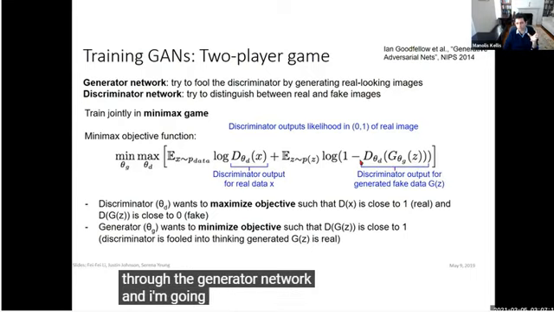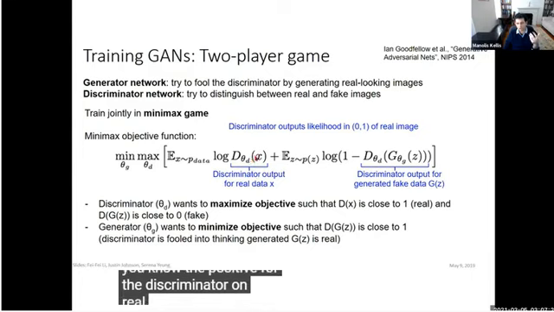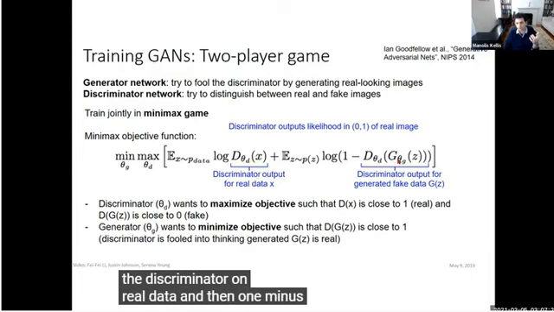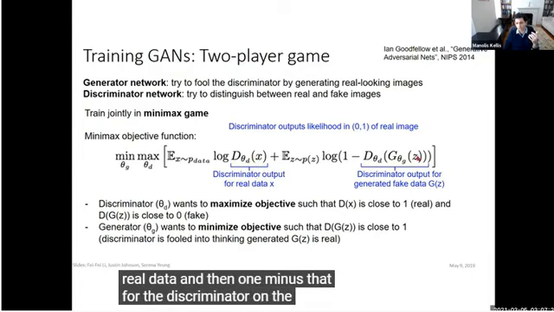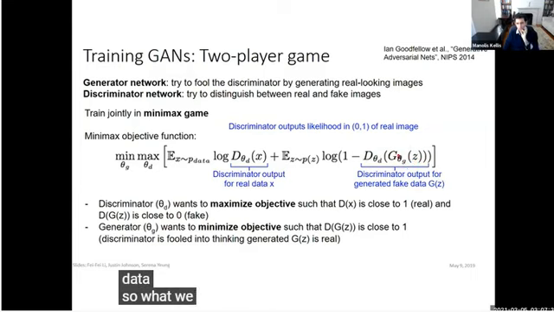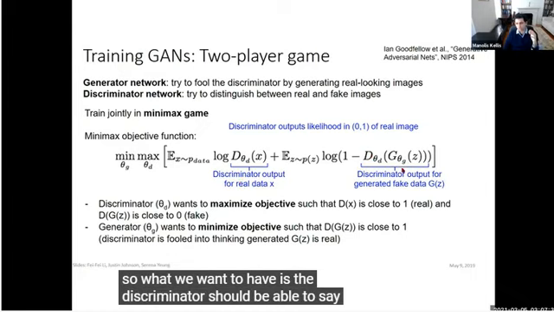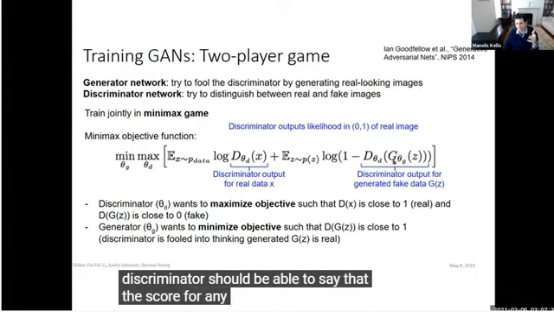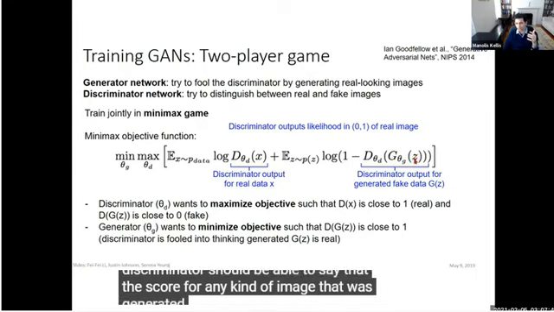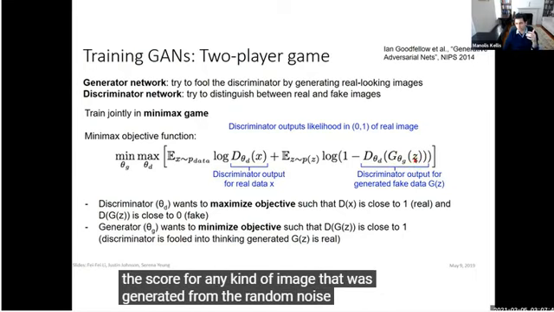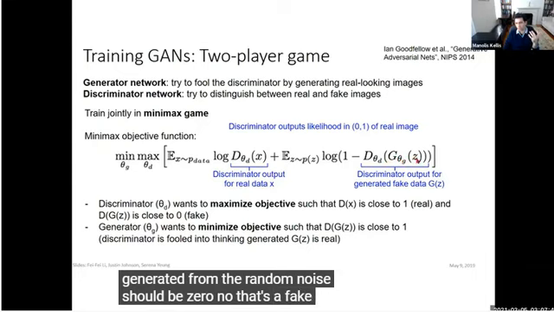I'm using the positive term for the discriminator on real data, and then 1 minus that for the discriminator on the generated data. So what we want is for the discriminator to say that the score for any image generated from the random noise should be 0: no, that's a fake image.